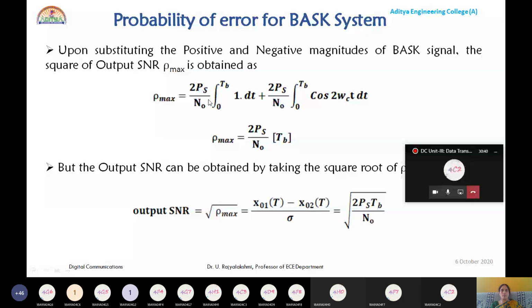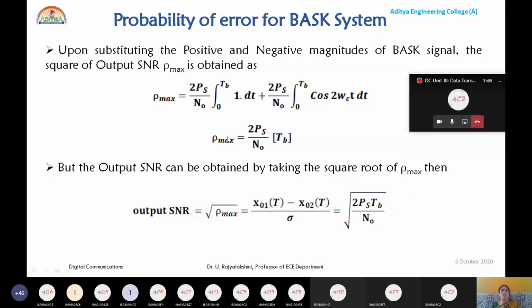Divided by 2, 4Ps by 2N naught will be 2Ps by N naught. The integration of the cosine signal over the entire cycle is 0, so the second term will be 0. You will get only 2Ps by N naught into Tb.